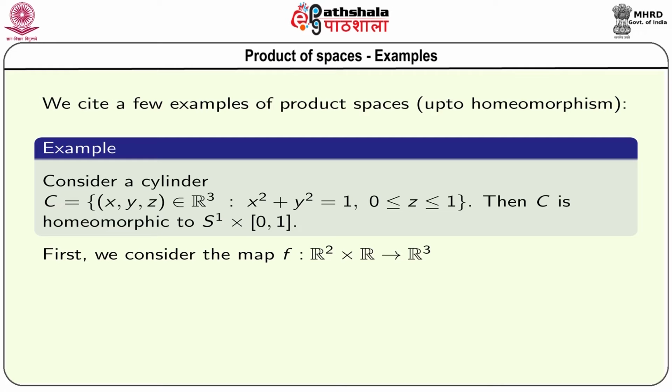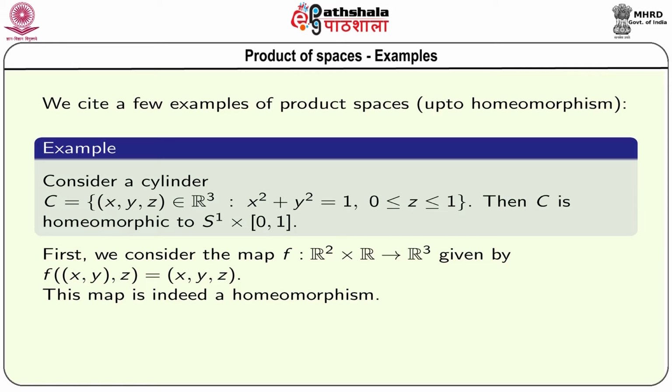Now, C is actually homeomorphic to the set S1 cross the closed interval 0 1. How do we prove it? First, we consider the map F from R2 cross R to R3 given by F of the ordered pair x y comma z is equal to the triplet x y z.